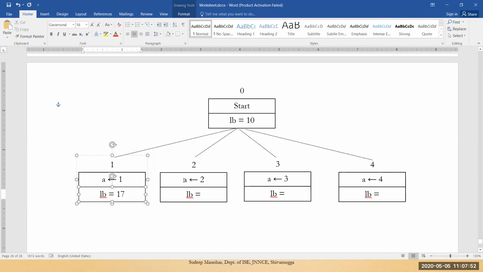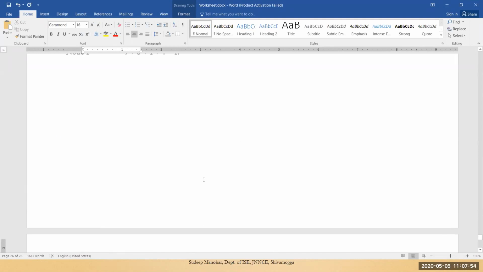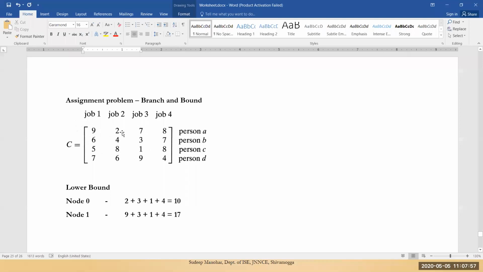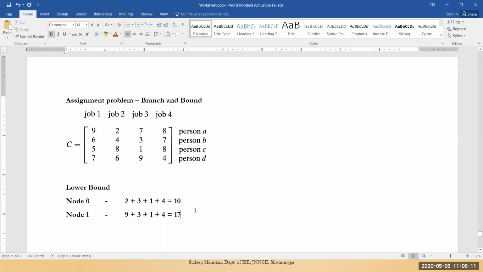Next option. A is allotted with job number 2, this node. Now, when you allot with this, what are the different options for the rest of the others? So job number 2 should not be allotted to any of the persons. So write it as 2, because 2 is the cost of job number 2 for person A. 2 plus, what is the minimum for person B? 6, 3, 7. 3 is minimum.